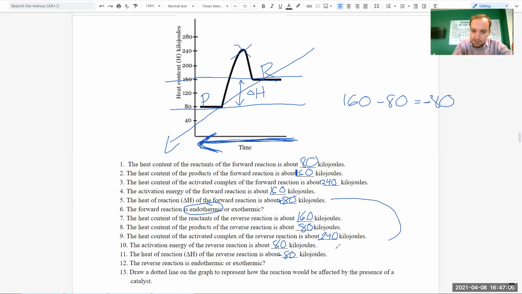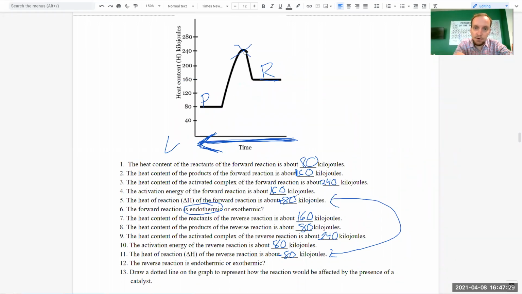Now again, notice that these two are the same number because your delta H will not change no matter which direction you go. Notice the only thing that changed is on number 5, the delta H was a positive value, and on number 11, the delta H is a negative value because we're going in the opposite direction. The number is not affected, but the sign is switched. If it was positive, it becomes negative, or vice versa.